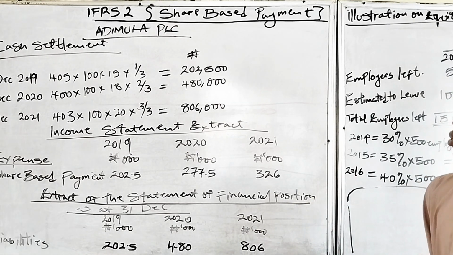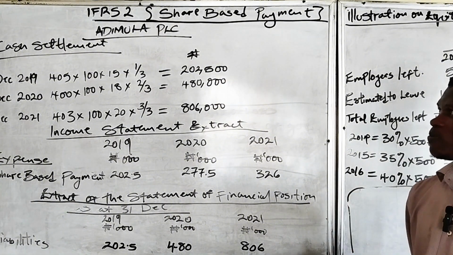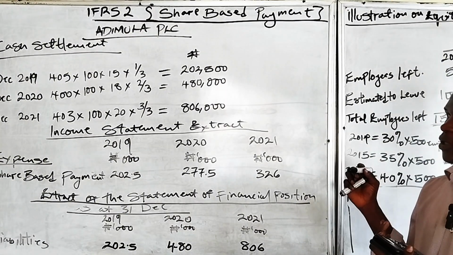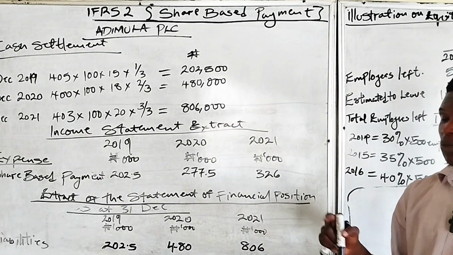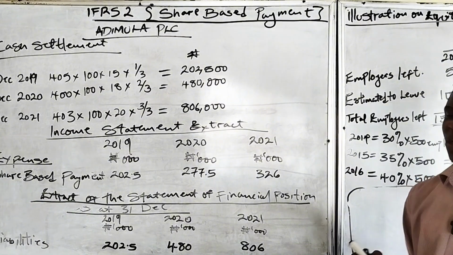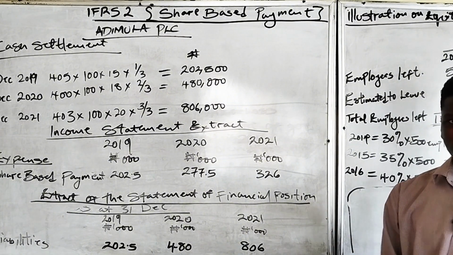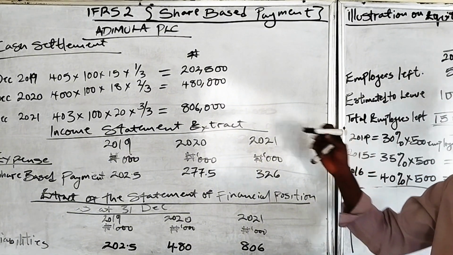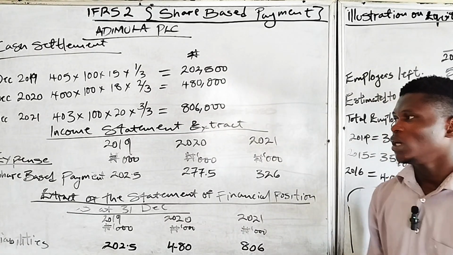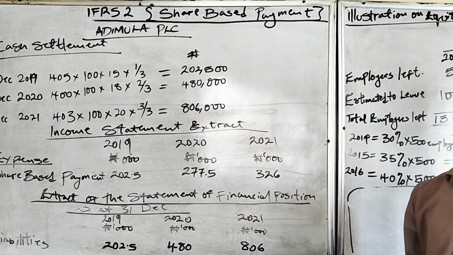You are also to disclose the total expenses of the company as a result of share-based payment, and also to disclose the total liabilities or total equity arising from the share-based payment. So I believe you understand share-based payment IFRS 2 now, and then we can take several questions on our own.